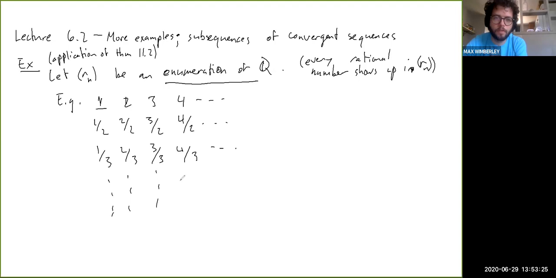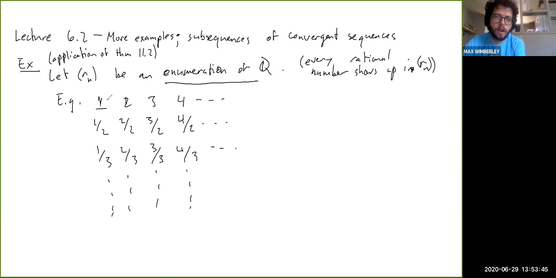Right. So you can make a big grid, and it should be clear that basically within this grid, every rational number shows up. Of course, pretty much every rational number shows up an infinite number of times, but at the very least, they all do show up, okay?